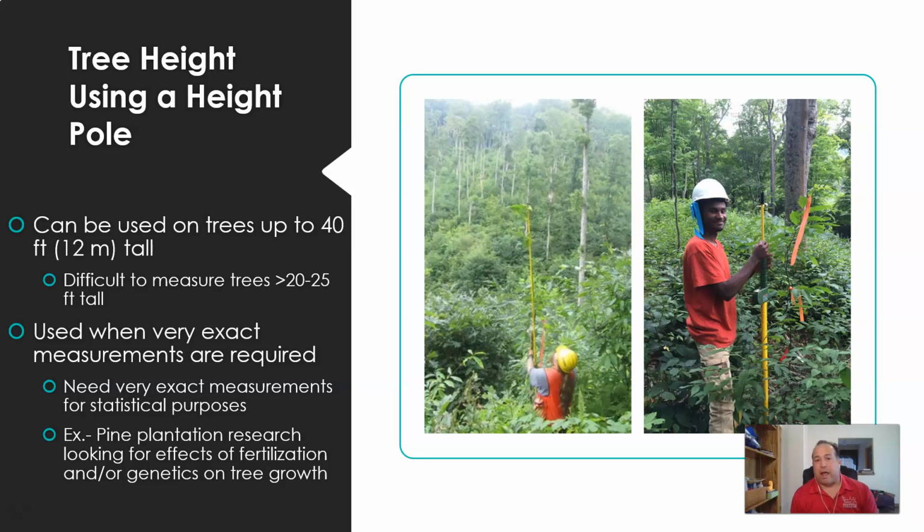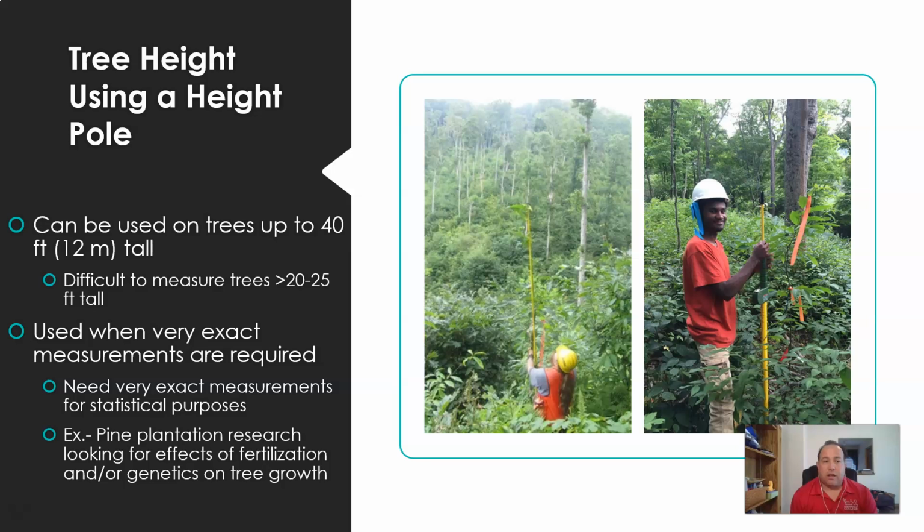And most of the time when I have used a height pole in the past or taught anybody to use a height pole, we're usually looking at things about 15 feet or less, just because the height pole gets a little bit difficult to use. But one of the other reasons why we use a height pole, not just the fact that the trees are shorter and we can't get a good view of the stem, but also that we need really exact measurements.